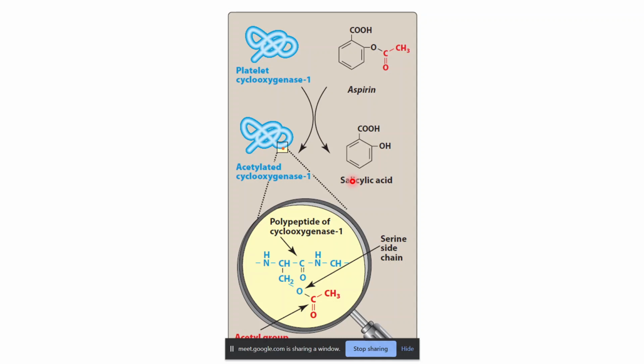The half-life is about 20 minutes, so this drug is rapidly metabolized. The adverse effects include increased bleeding time, and that can increase the chance of hemorrhagic stroke and GI bleeding, especially if used in higher doses like 300 milligrams.